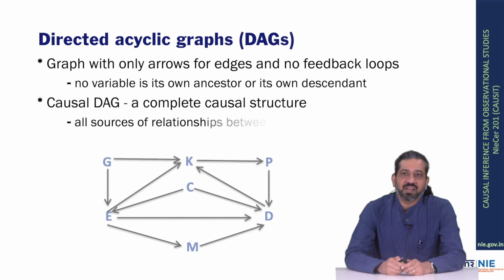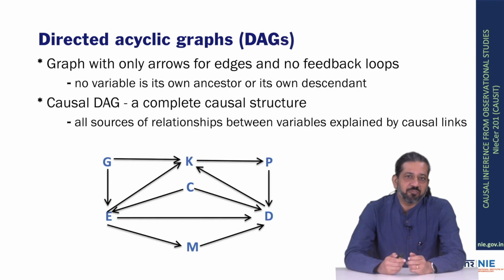A directed acyclic graph is a causal graph where every edge is an arrow that represents the effect of the parent variable on the child or the affected variable, and no arrow comes back to its parent variable. That is, there are no feedback loops, and hence it's called a directed acyclic graph.